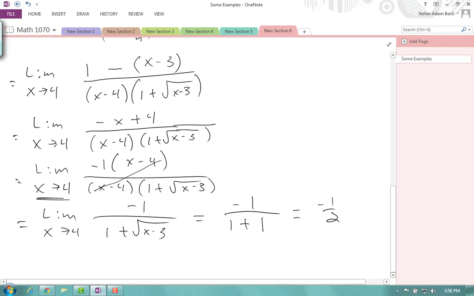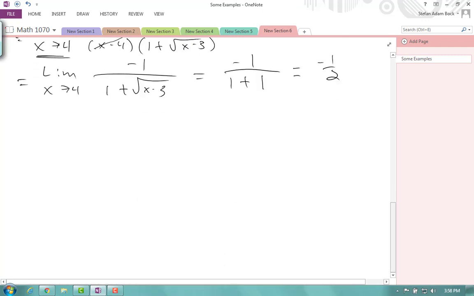Algebraically, these are two of the simplest examples, but I could have more complicated situations arise, which require me to remember some higher factoring things. For example, if I have the limit as x goes to 1 of x to the 6th minus 1 over x to the 5th minus 1.